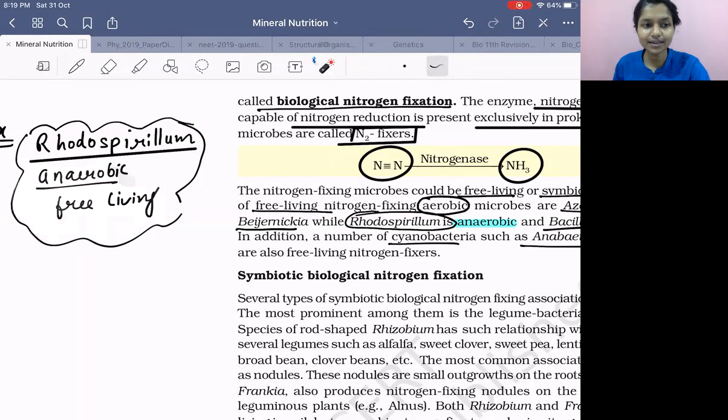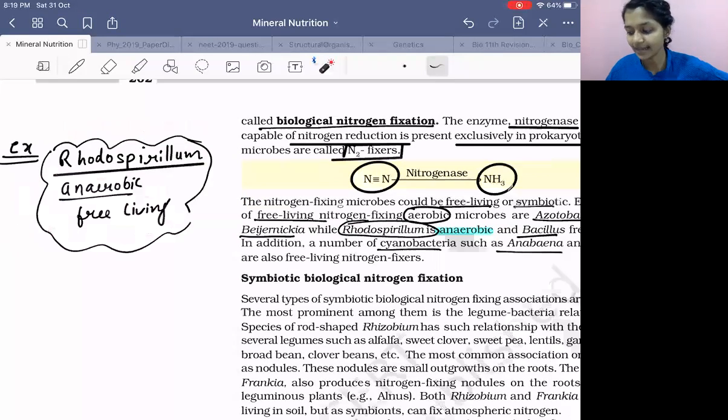Similarly, cyanobacteria such as Anabaena and Nostoc are also free living and aerobic. They all are free living nitrogen fixers. Since this paragraph is a little confusing, they frame questions from it, so please keep that in mind.